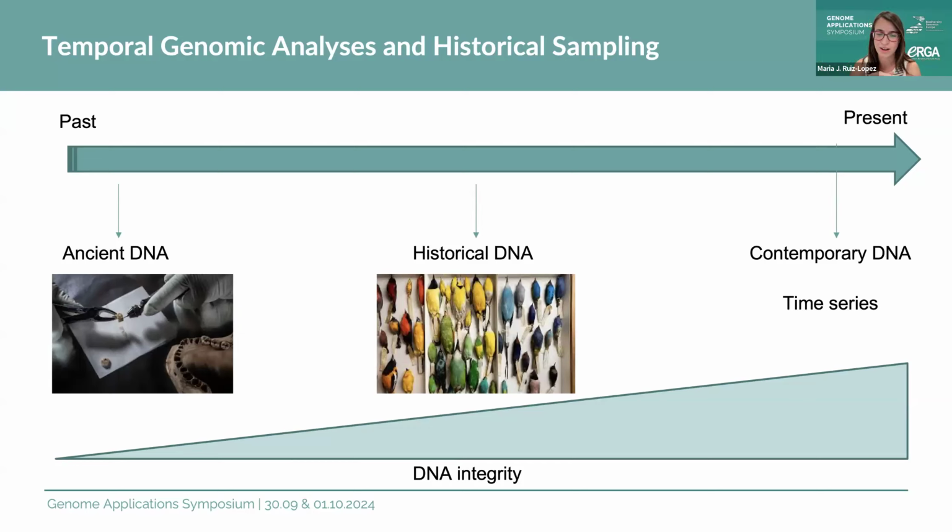Temporal genomic analysis and historical samples have been used to estimate different population parameters. Here are some of the most important ones: estimating changes in genetic diversity, like genetic erosion, changes in connectivity, or changes in population size, all of great importance for conservation. They also allow us to identify adaptation, either to the environment and climate change, or to specific stressors.